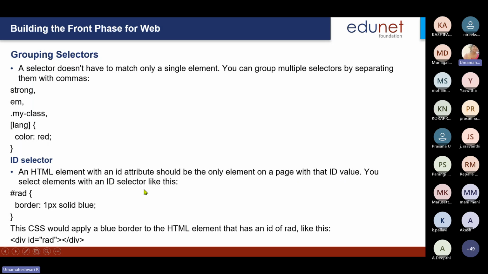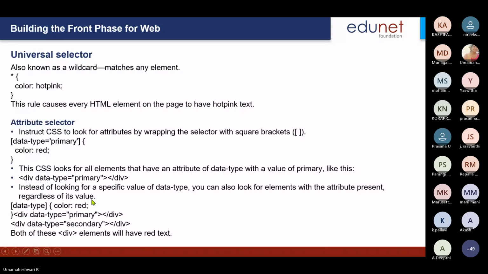You select the element with an ID selector like this. And universal selector, also known as a wildcard, matches any element. So this rule causes every element on the page to have hot pink text. Universal means all the elements' text color will be hot pink.